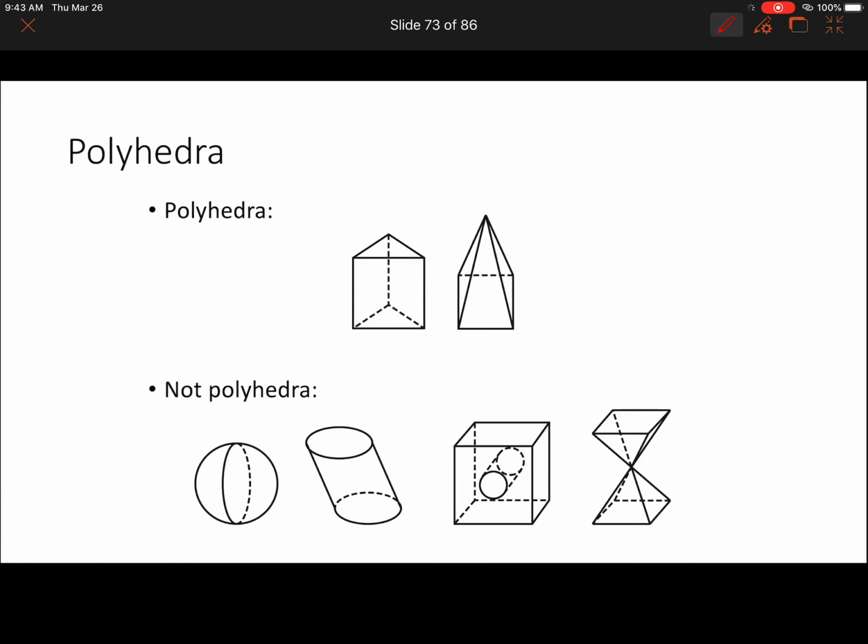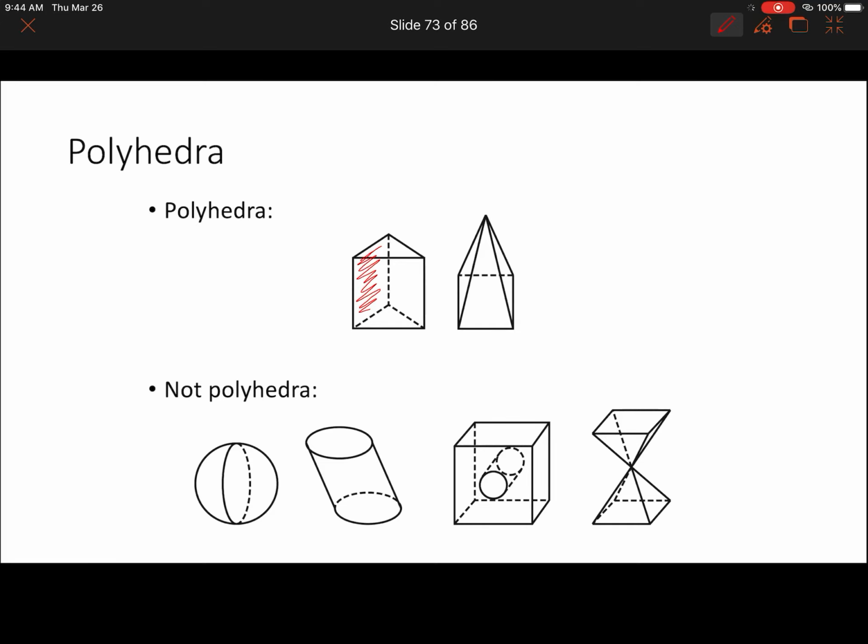So here's a couple of examples of polyhedra versus non-polyhedra. So the two that are polyhedra, you have really three parts we need to think about. Number one are the faces. So the faces are the sides.